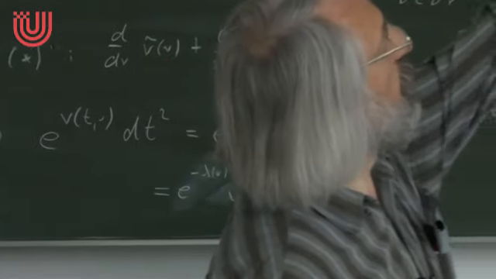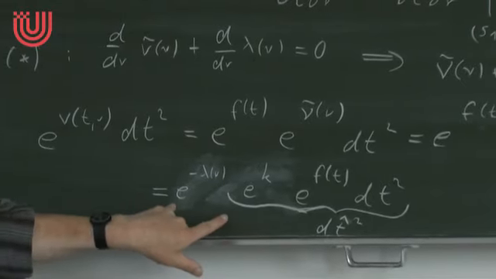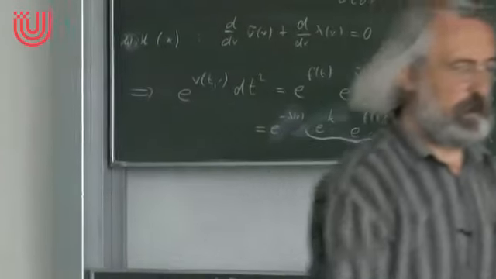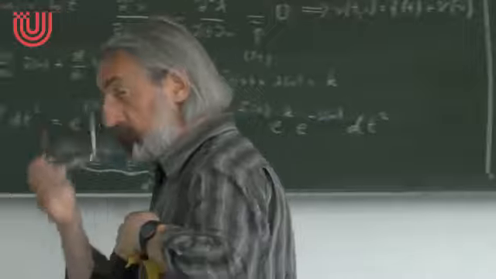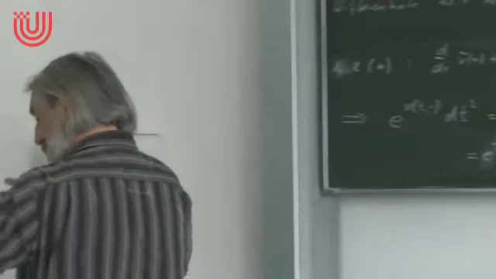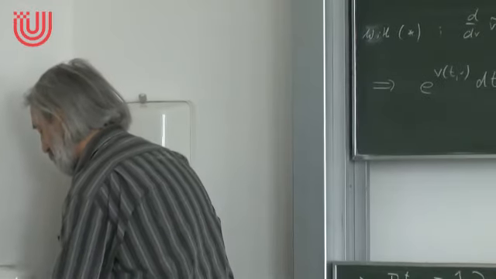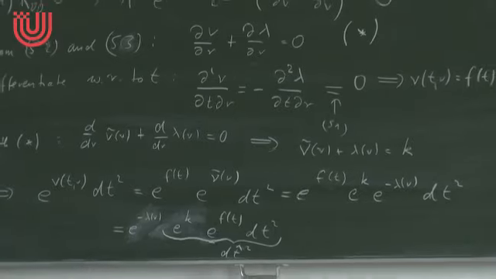So what was e to the nu of t and r in the general form has now become e to the minus lambda of r, which is the same lambda as for the other term. And now, without realizing it, we have proven the Birkhoff theorem, the theorem that a spherically symmetric metric is time independent. Because as you see now, the time dependence has vanished from all coefficients.